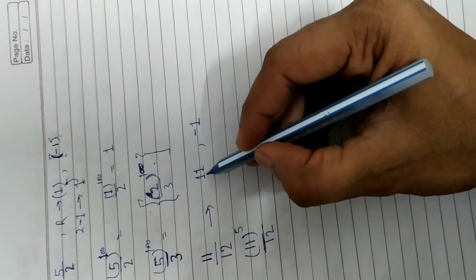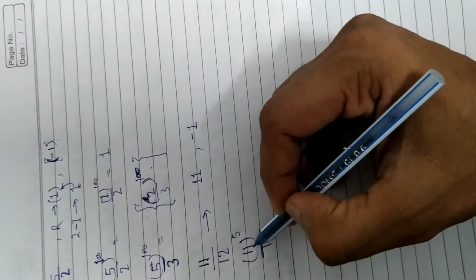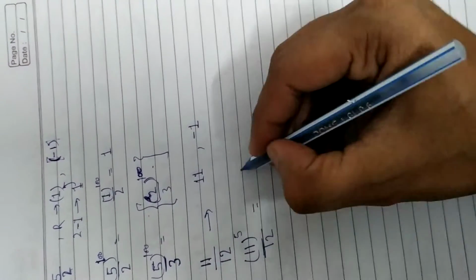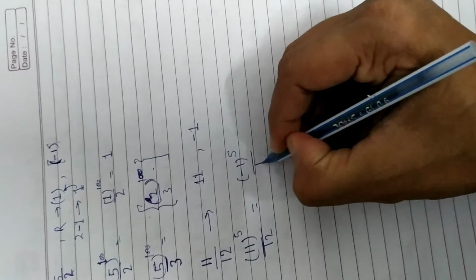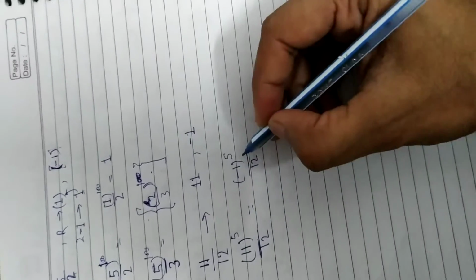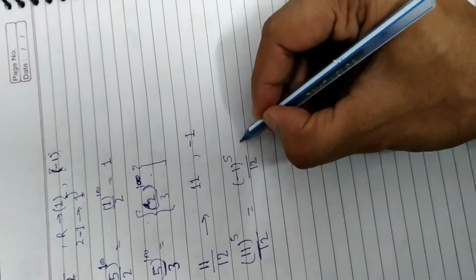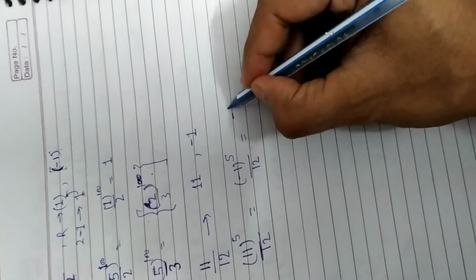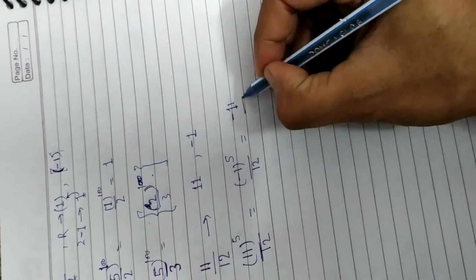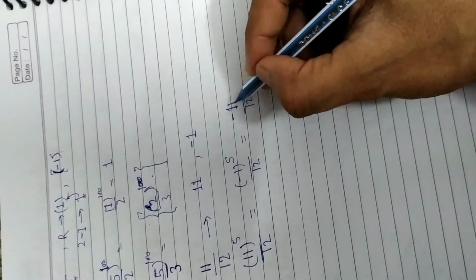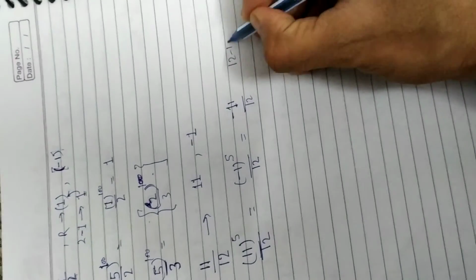We will take -1 power 5, which is -1, so 12 minus 1 is equal to 11.